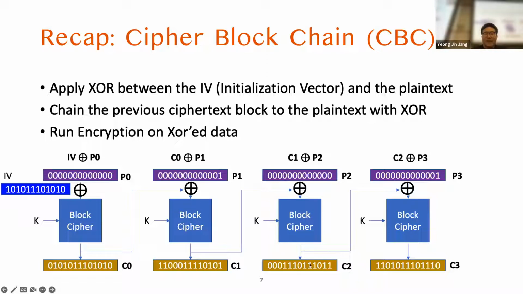So by embedding this as an XOR to the plain text, we are not losing any information, but we can make the plain text look random. The resulting input to the block cipher will look totally random.